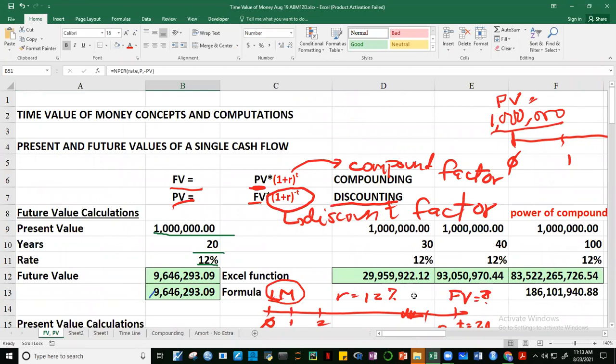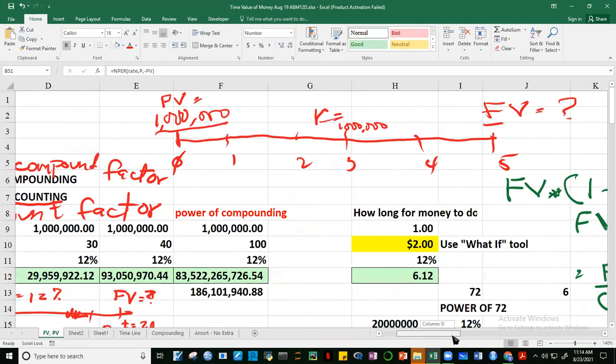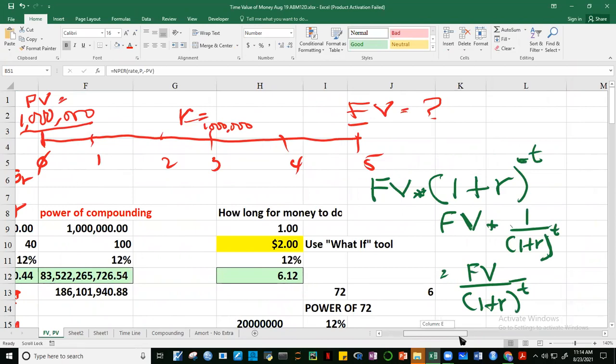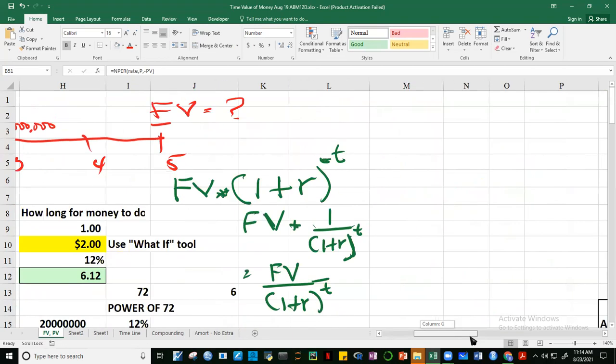So today we're going to discuss the concept of the time value of money. And we said before that 1 peso today is not the same as 1 peso 10 years down the road. Magkaiba yung values nila because money has cost.